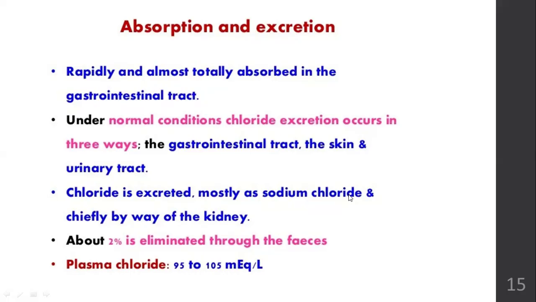Chloride is excreted mostly as sodium chloride, as salt itself. Okay, and mostly it is excreted through the kidneys. And just 2% is eliminated through feces. Okay. The normal plasma chloride level should be around 95 to 105 milliequivalents per liter of serum. Okay.